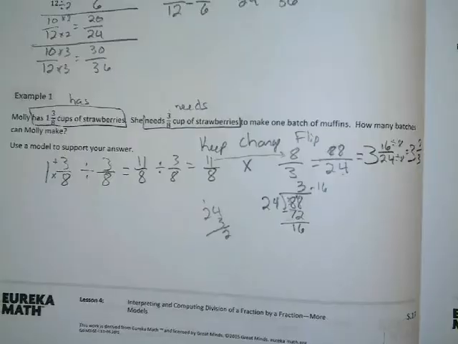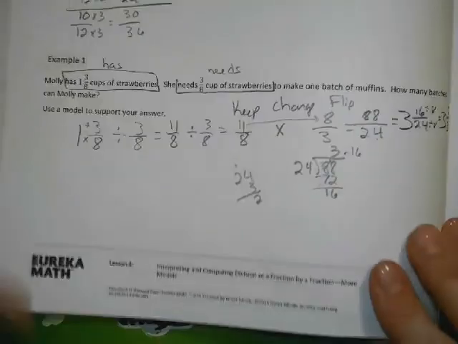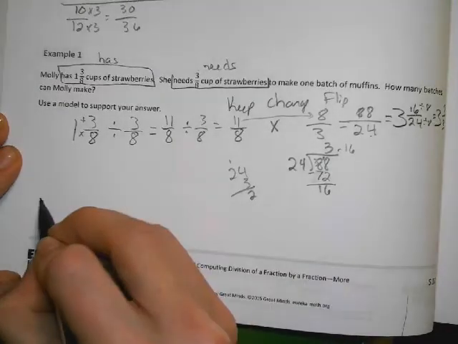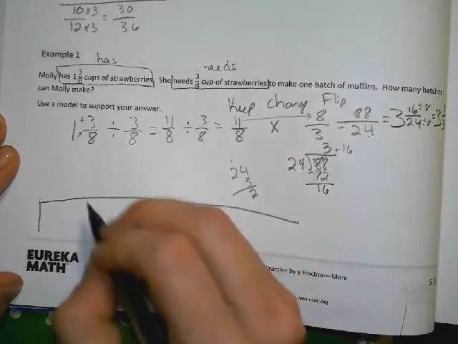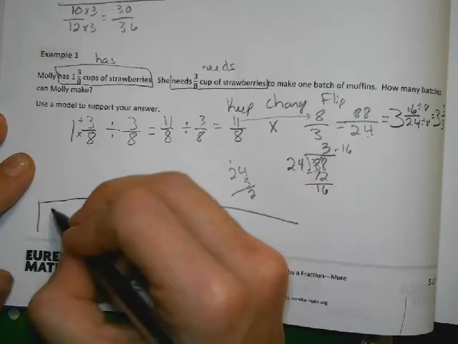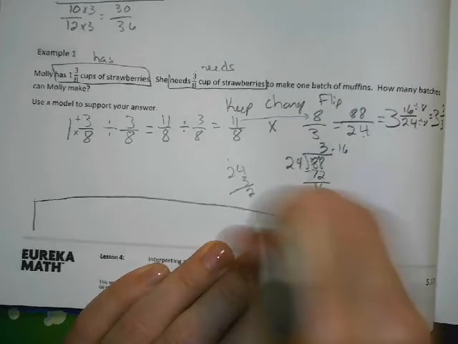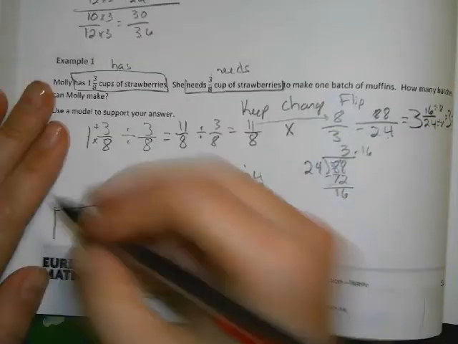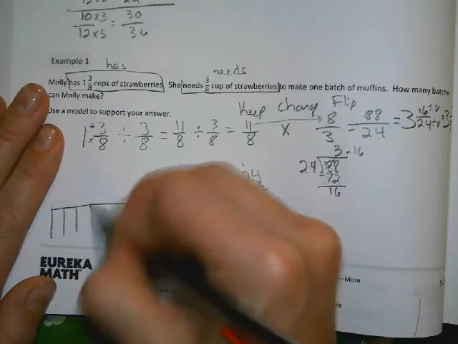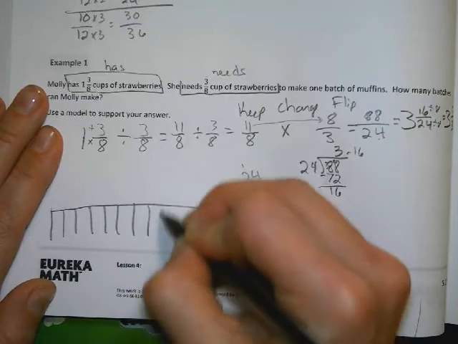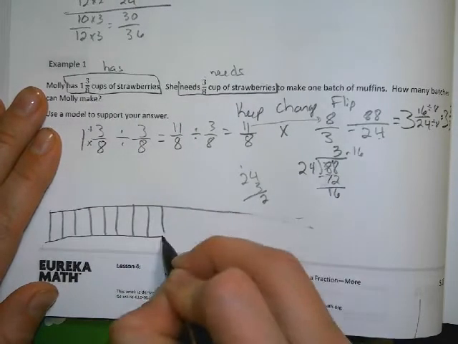Now, the model that goes with it, we're working with 11/8, so I need to do 11/8. So I'm going to have 1, 2, 3, 4, 5, 6, 7, 8. So this is my whole.